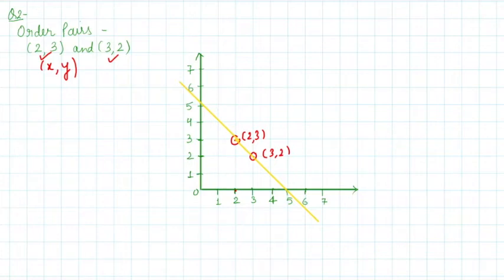So we have to write the ordered pair of these positions, where they are intersecting on the x-axis and y-axis. What will be the coordinate of this? Here, what is the position of x? The value of x is 5 here and y is 0 here. So the coordinates of this point will be 5 and 0.